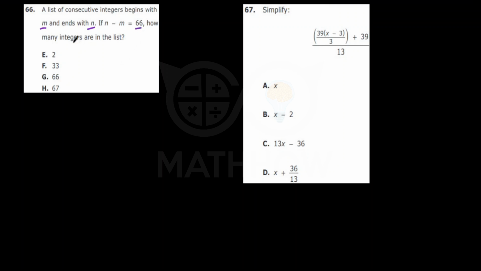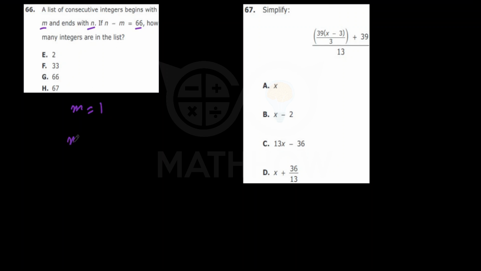How many integers are in the list? Since the list has consecutive integers, we can choose any value of m. Suppose we choose m equals 1.